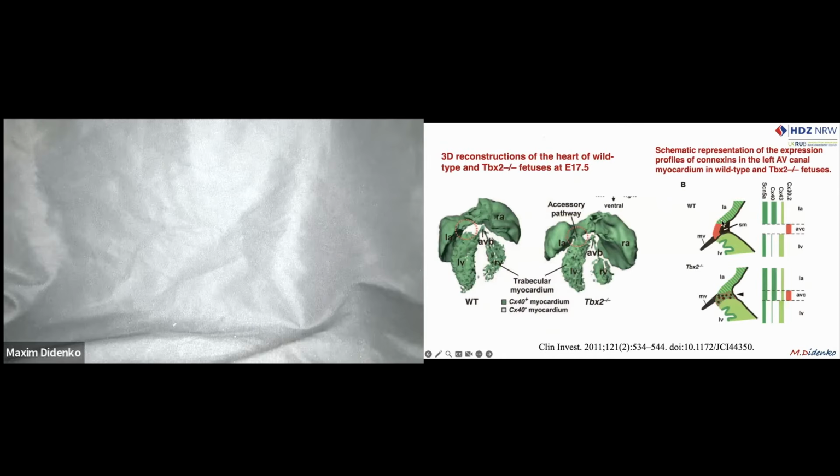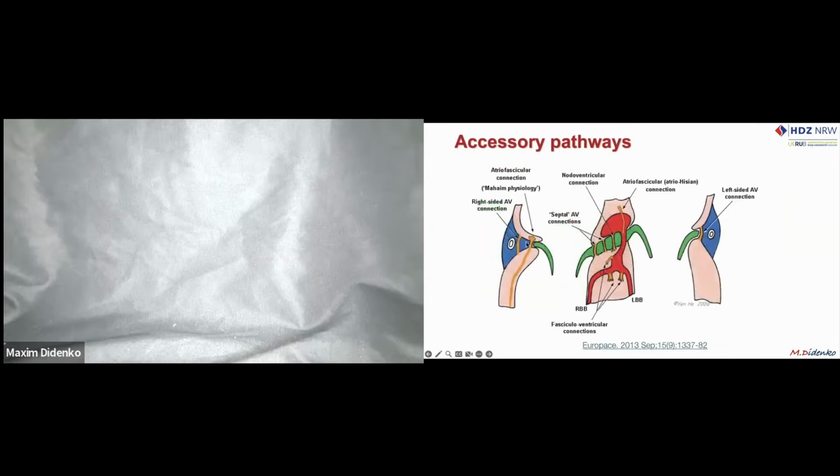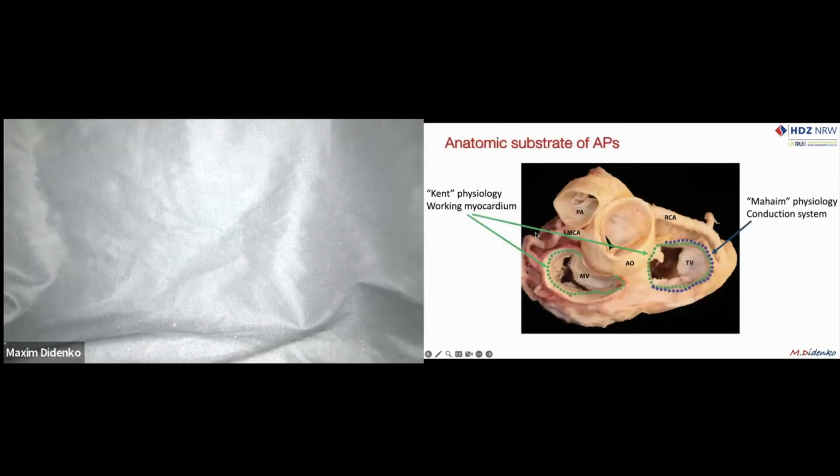In the developing stage, the atria and the ventricles are connected to each other, and then a specific process creates the AV rings and divides atrium and ventricles. If this process is disturbed, then we have accessory pathways, which can connect different types of tissue, atrium and ventricles, and in most cases they are so-called atrioventricular connections, and sometimes they have different physiology.